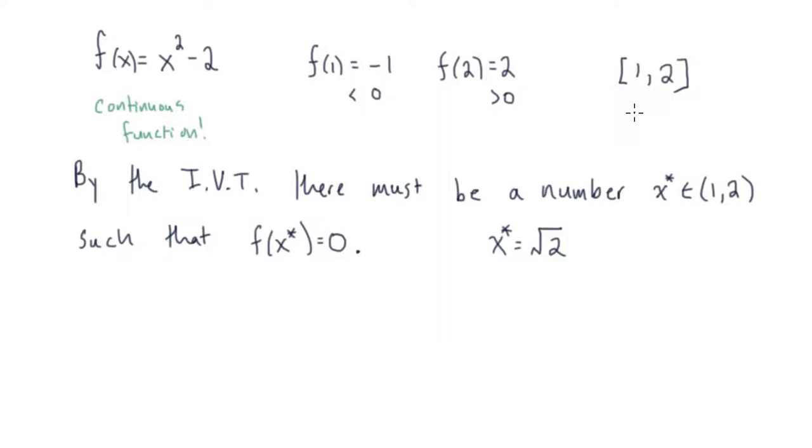So the question now is not whether or not f has a 0, or 2 has a square root between 1 and 2, because of course it does. The question is, how do we actually figure out what it is in terms of a decimal approximation? So for instance, is it less than 1.5? Is it bigger than 1.4? Is it bigger than 1.4111111? How can we say more precisely what x star is?